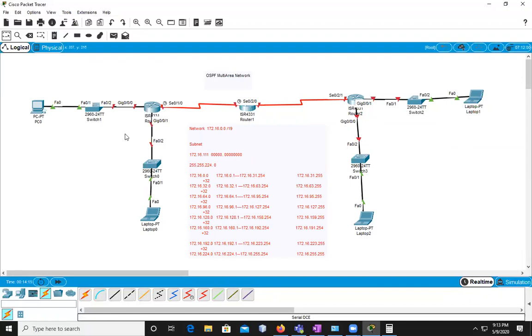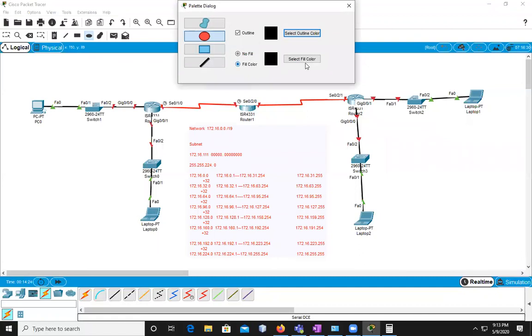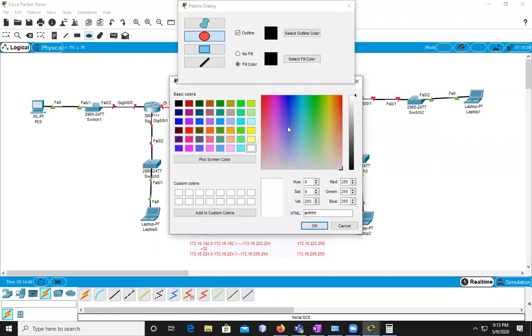Okay then, let's go ahead and configure the areas. First of all, I will give you some idea of how I logically segment my network.